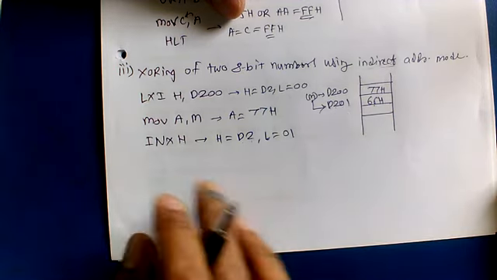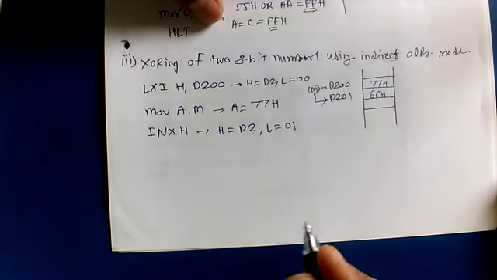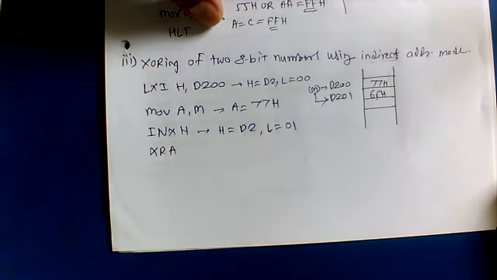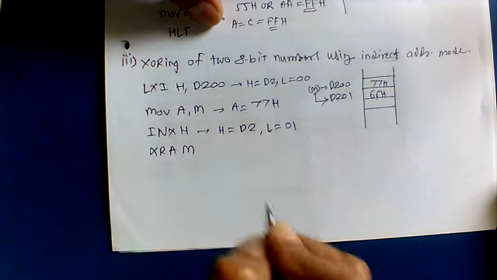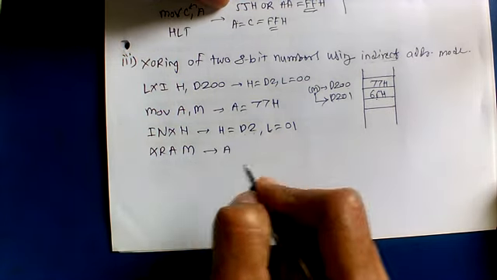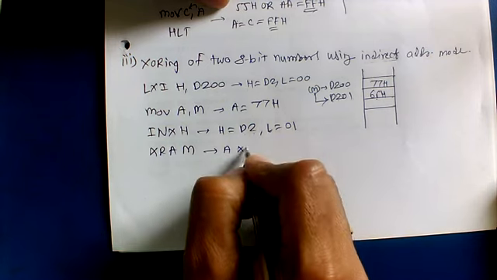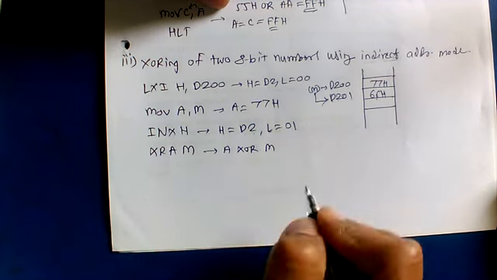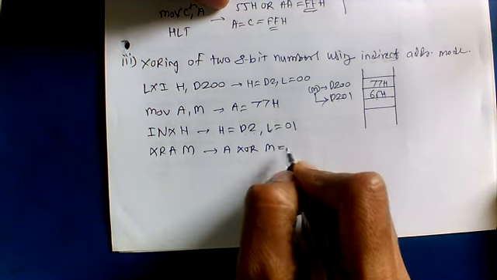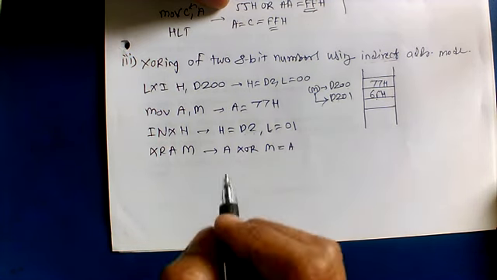The next instruction is for the XORing operation: XRA M. Its operation is accumulator content XORed with memory pointed content, and the result in the accumulator.